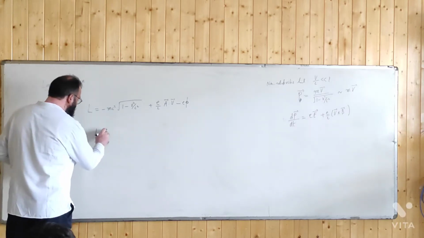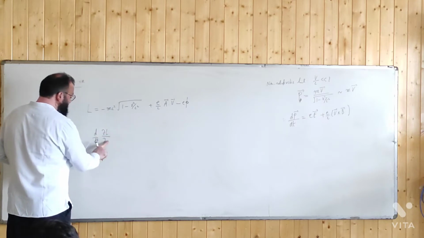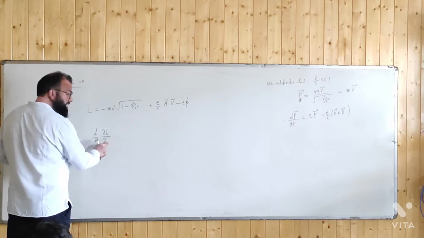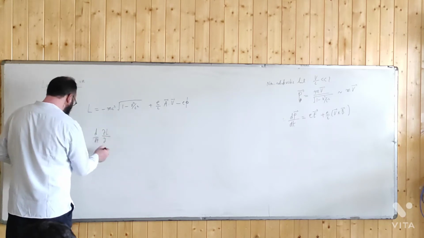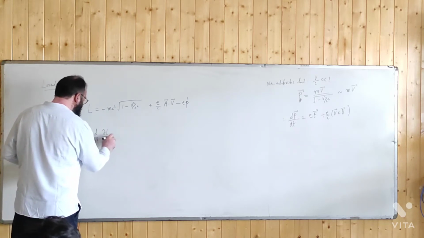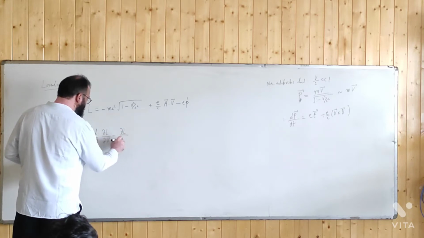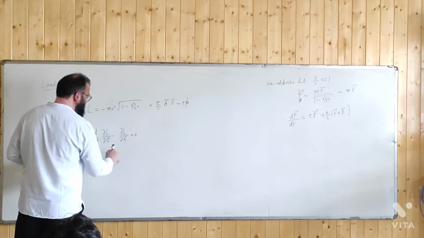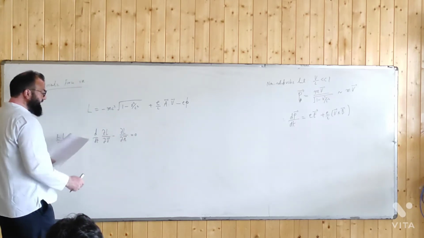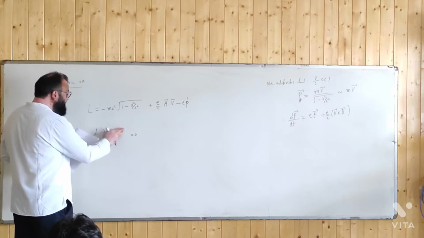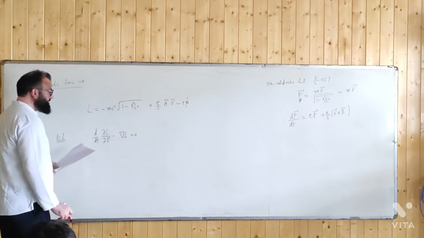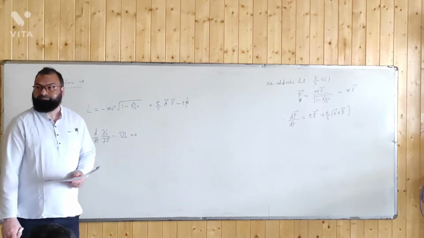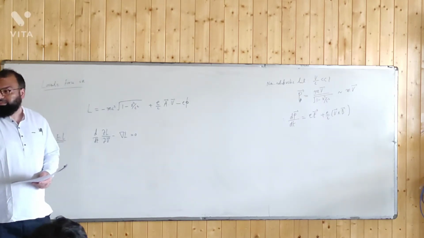It is d/dt of partial L by partial q dot, where q dot is the velocity v, minus partial L by partial r, equal to 0. In other words, this is actually the gradient of L. Okay? Clear?